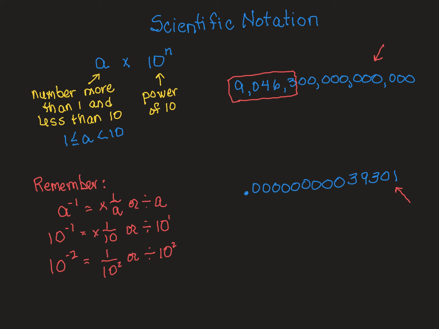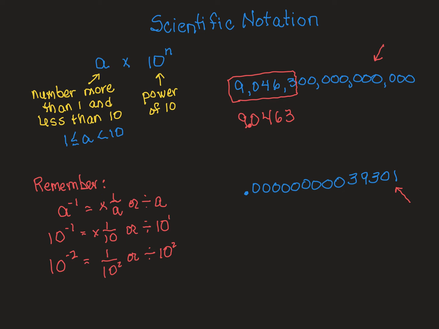I'm going to write that down: 90463. And I need that number to be greater than 1 but less than 10. So I'm going to put my decimal point right here, because I know that 9 is greater than 1, and it's less than 10, so I'm good.